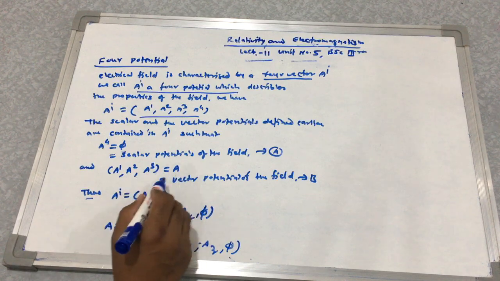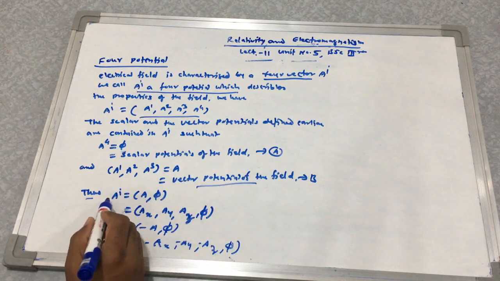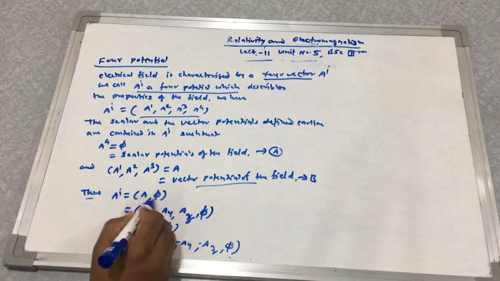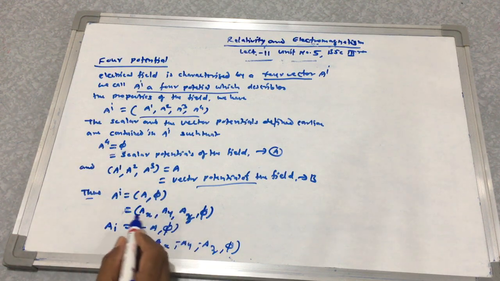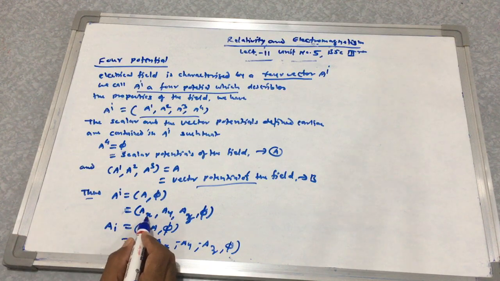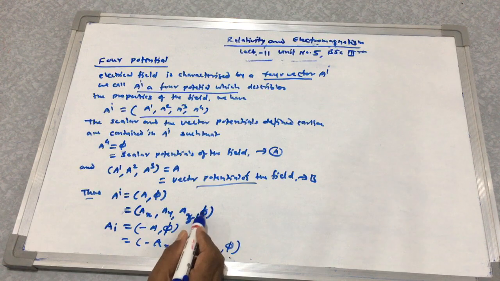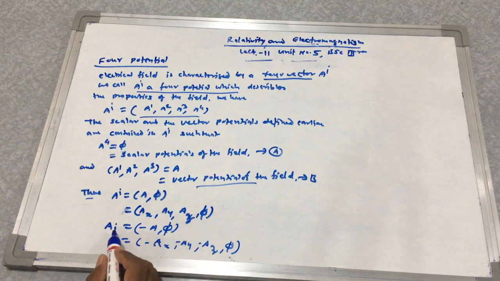Thus A^i is equal to (A, phi), which is A_x, A_y, A_z and phi.